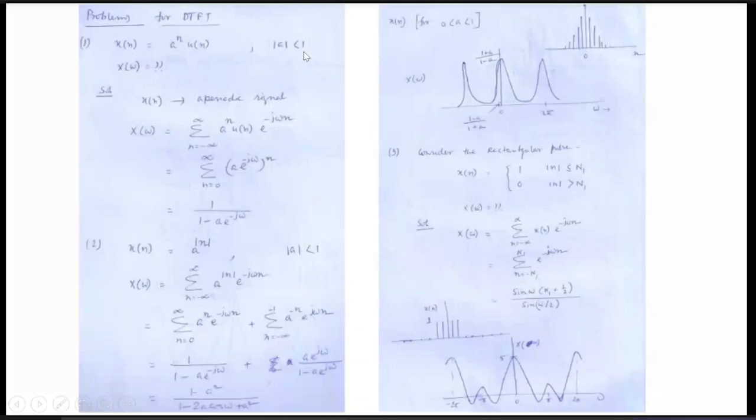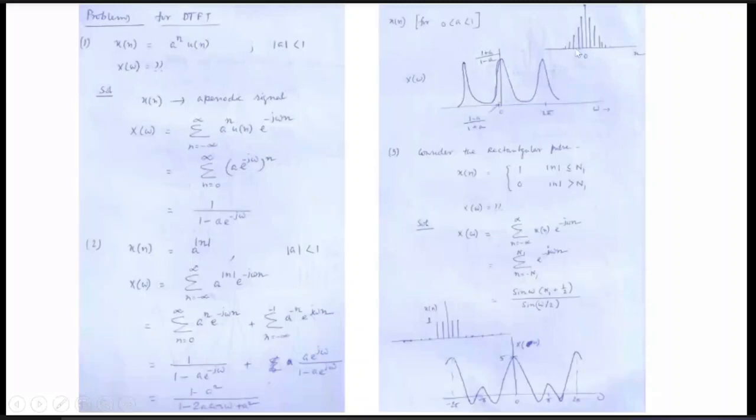A very important thing is that the picture shows the inference we draw. For the comparison part, you just go through how it is derived, but the picture is what matters: a is less than 1, so a to the power n is a decaying signal.